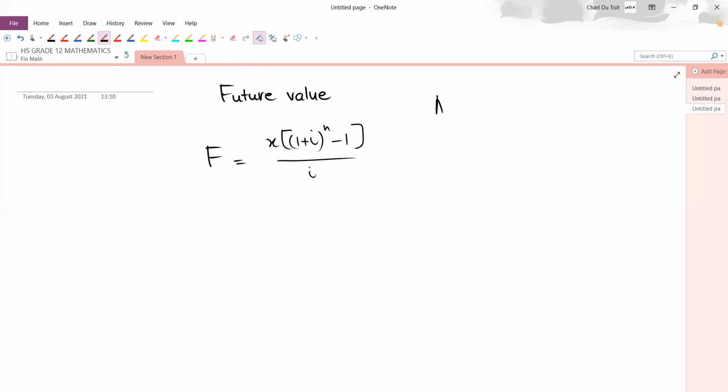So let's assume that we are saving, we're going to save 1,500 Rand a month. And we're going to do that for 10 years, right? And the interest rate is 8.7% per annum, compounded monthly.